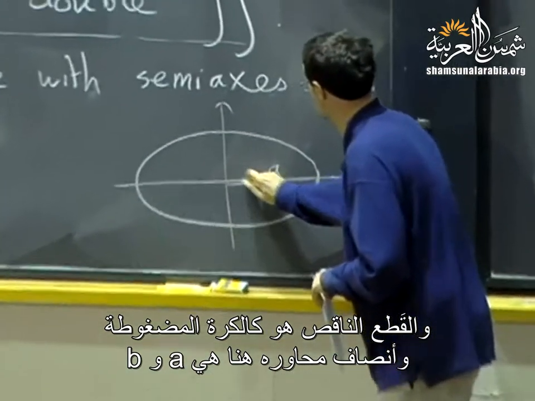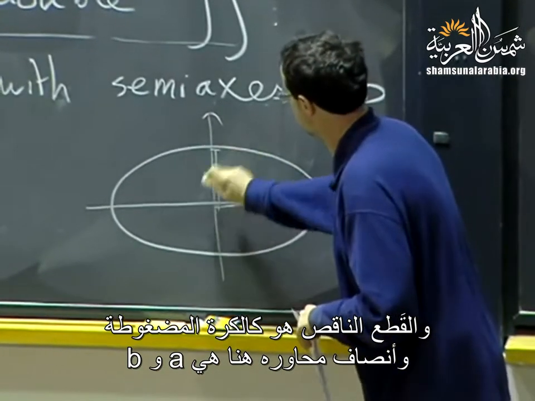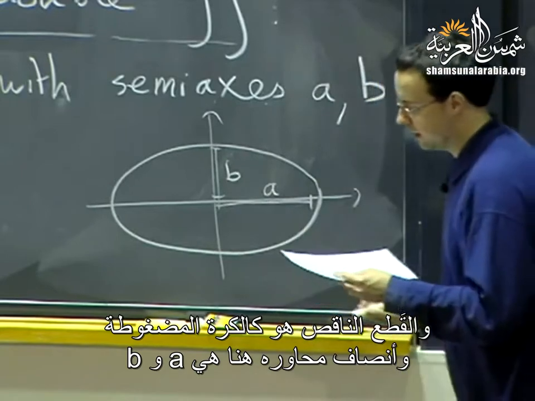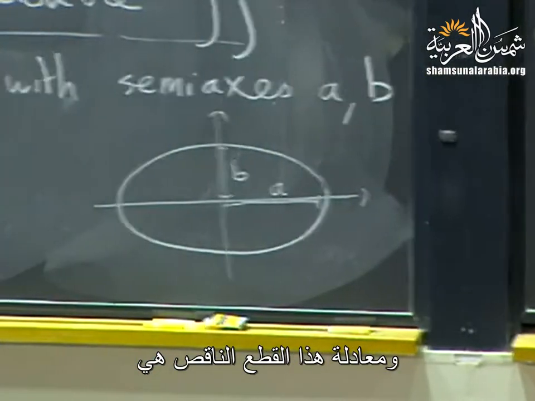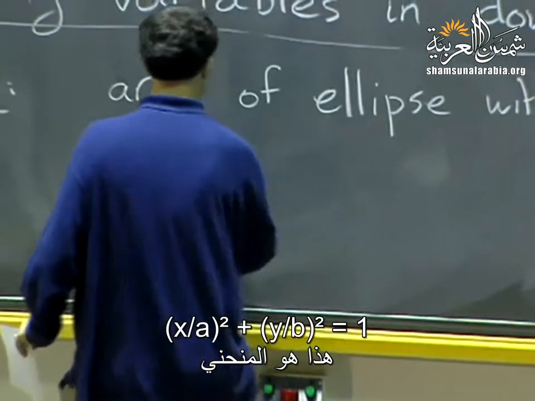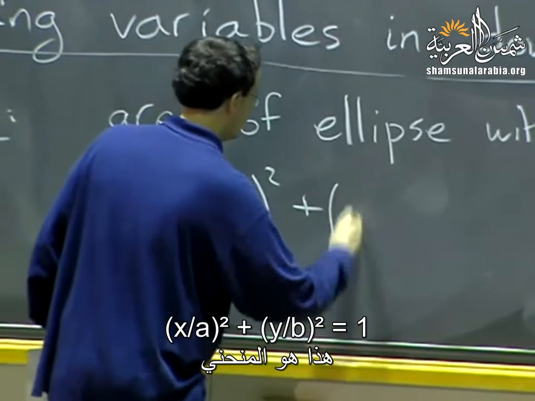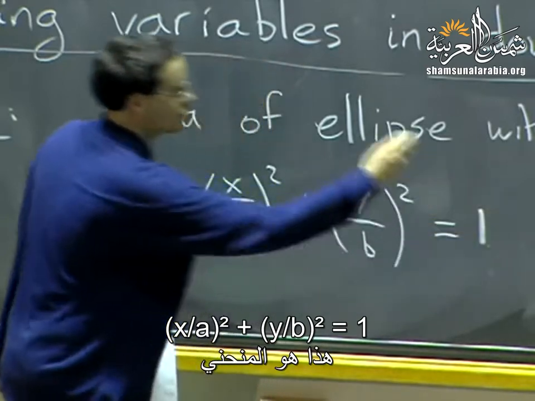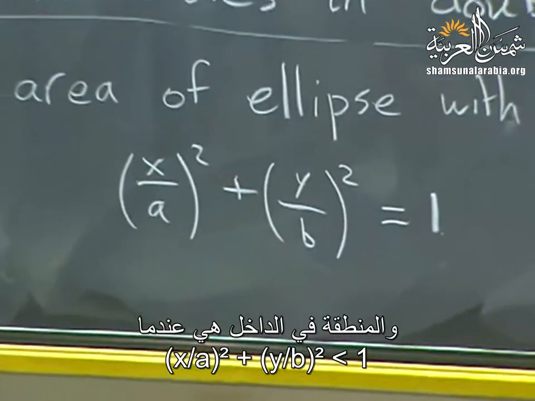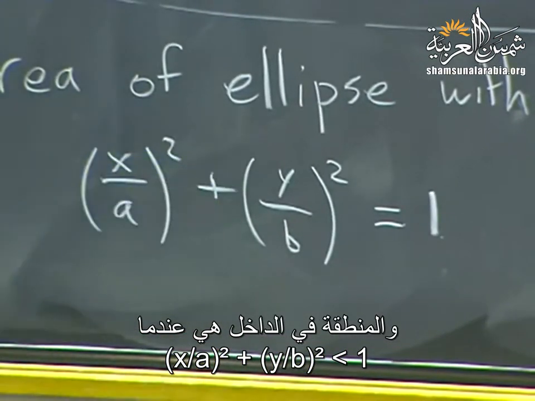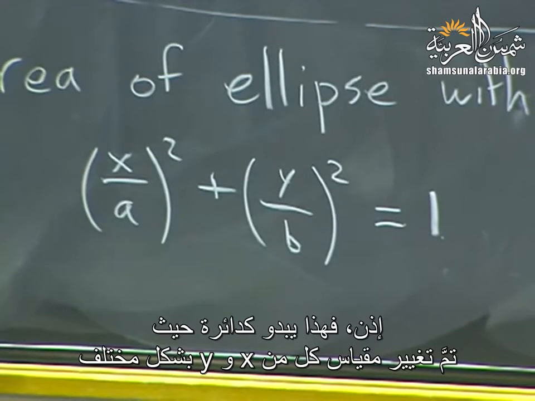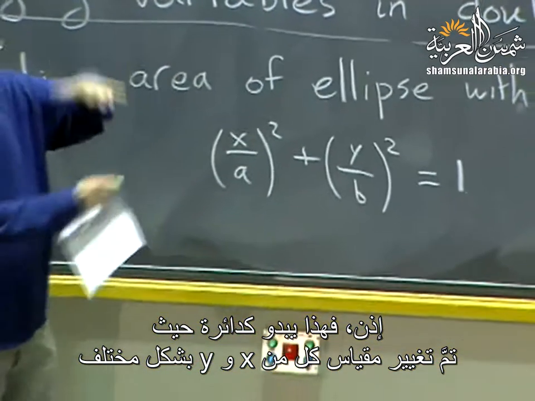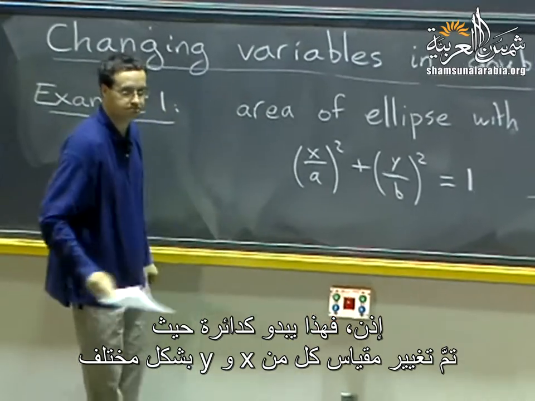There's A and there's B. And the equation of that ellipse is (x over A) squared plus (y over B) squared equals 1. Well, that's the curve. And the inside region is where this is less than 1. It's just like a circle, but where you have rescaled x and y differently.